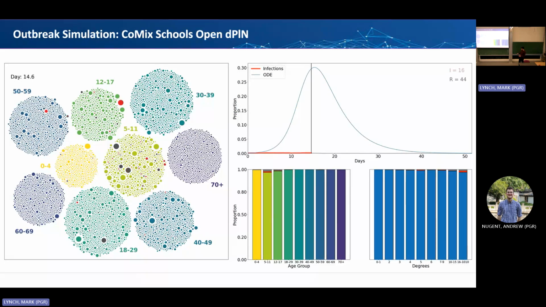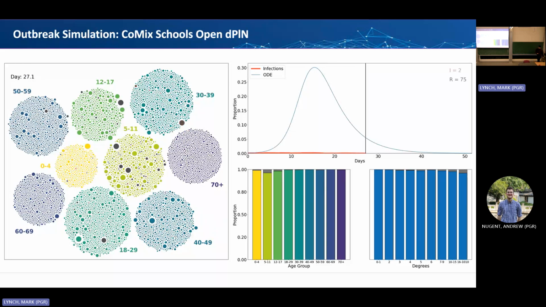Then, to capture a common early outbreak growth rate, the people with a large amount of connections drive it early, and once these are used up, the disease kind of dies out. That is because we're trying to fit to an early growth rate, which is what many modelers try to do.